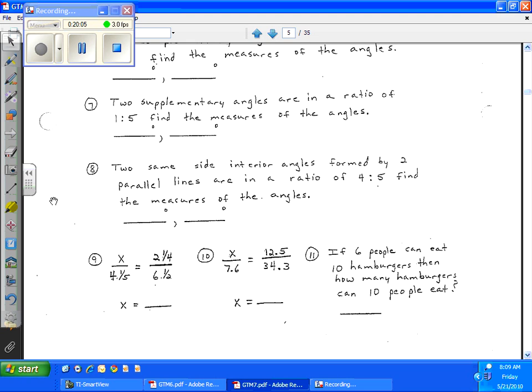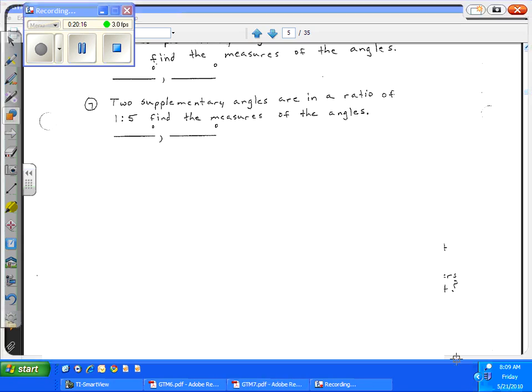Let's just look at number 7. Number 7, it says 2 supplementary angles. Now, we quickly identify that as a formula word.